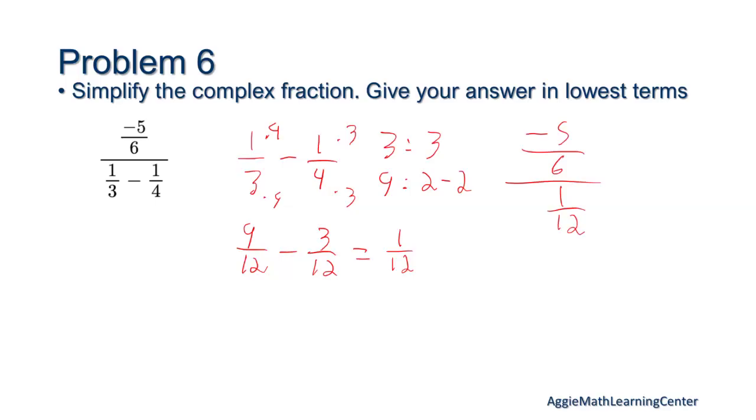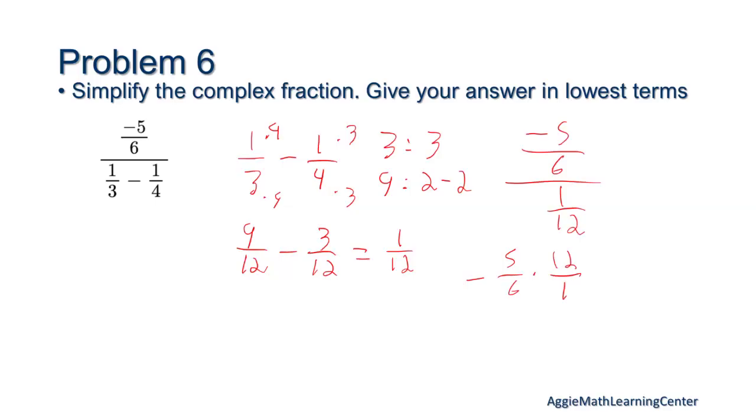Multiply by the reciprocal. So we got negative 5 over 6 times the reciprocal of 1 over 12, which is exactly 12 over 1.